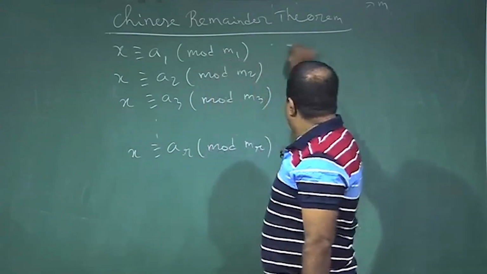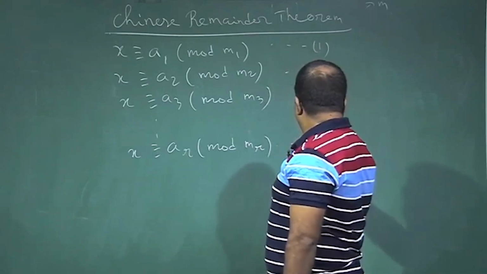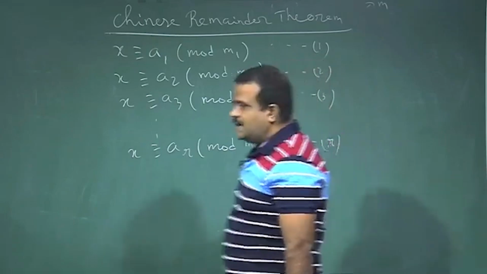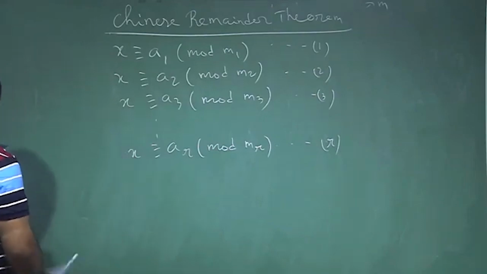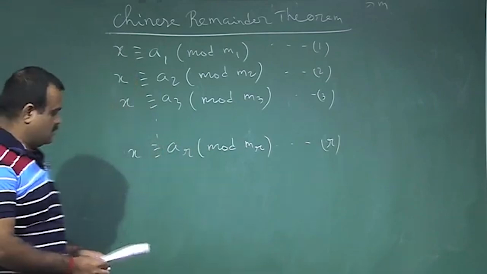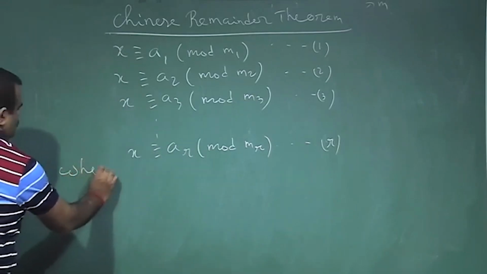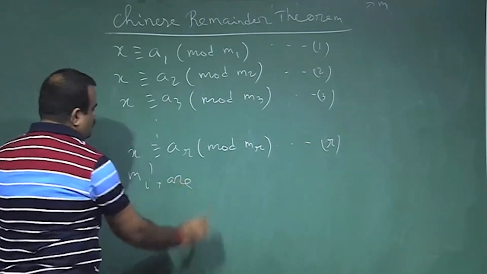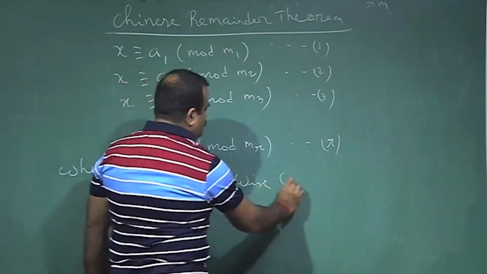So suppose there are r equations in the system, we have a system of modular equations, and here we have some conditions on the m's. The mi's are pairwise co-prime.